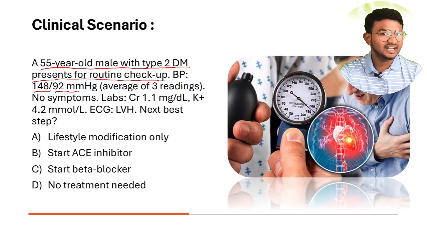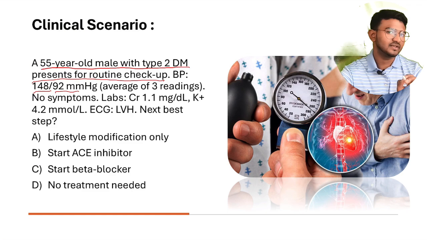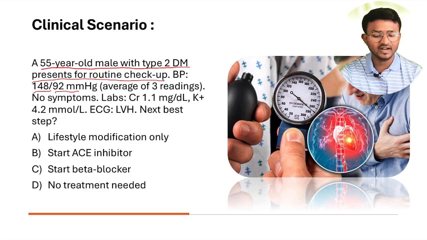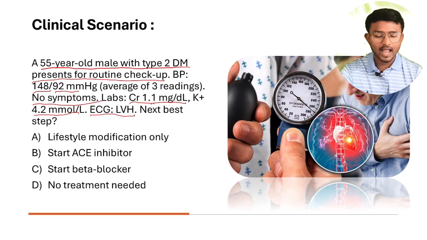This is the average of 3 readings. The patient has no symptoms. In labs, the creatinine level is 1.1 milligram per deciliter, the potassium level is 4.2 millimole per liter. The ECG finding is left ventricular hypertrophy. So what's the next best step?